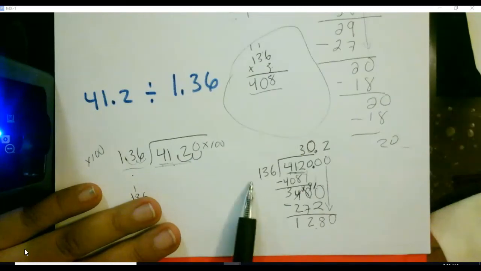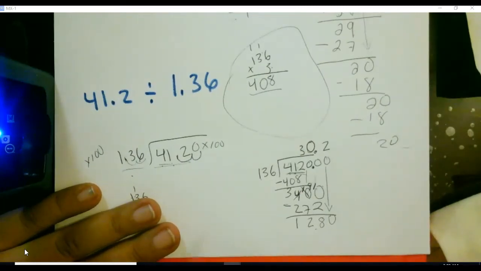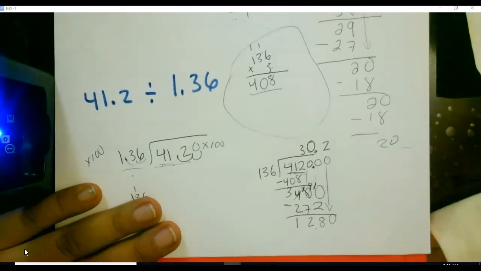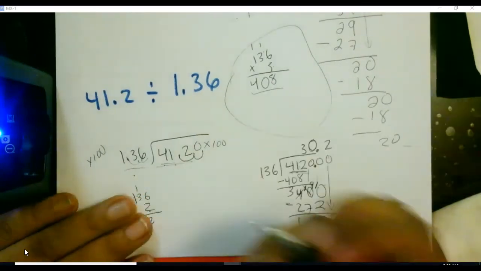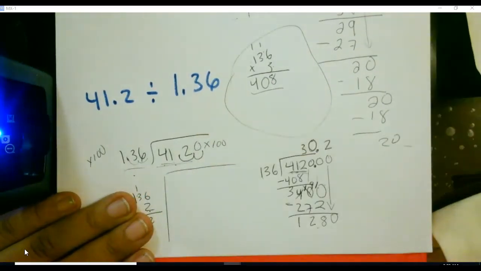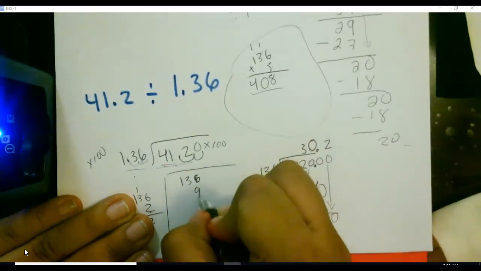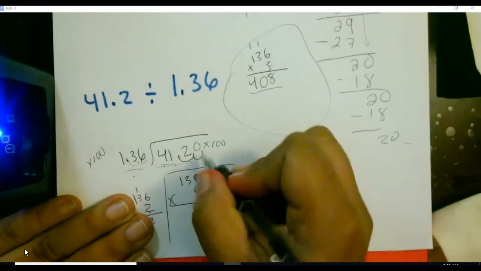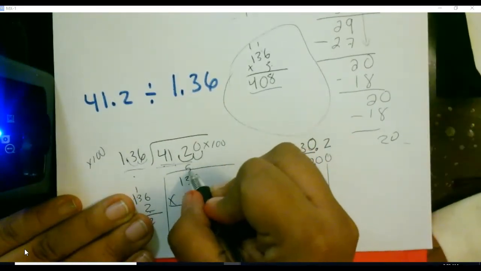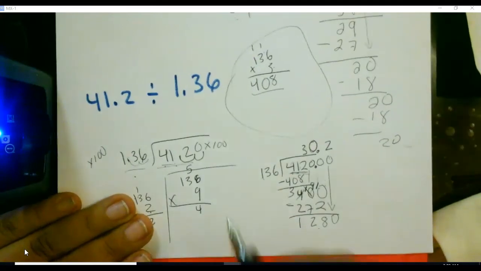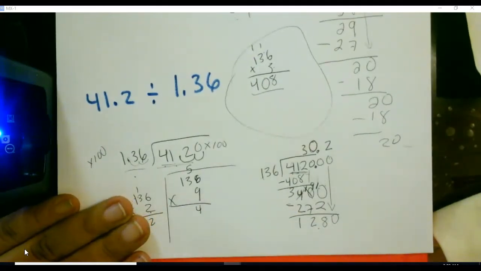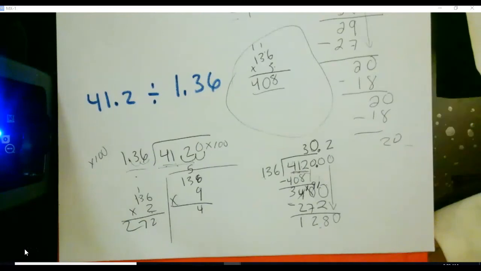Well, let's do an estimated guess. I'm going to guess about 9. I think it's going to be about 9. And I'm going to do the multiplication here to check what number I get and see if it's close enough. So 136 times 9. 9 times 6 equals 54, right? 9 times 3 is 27. 27 plus 5, 27, 28, 29, 30, 31, 32.